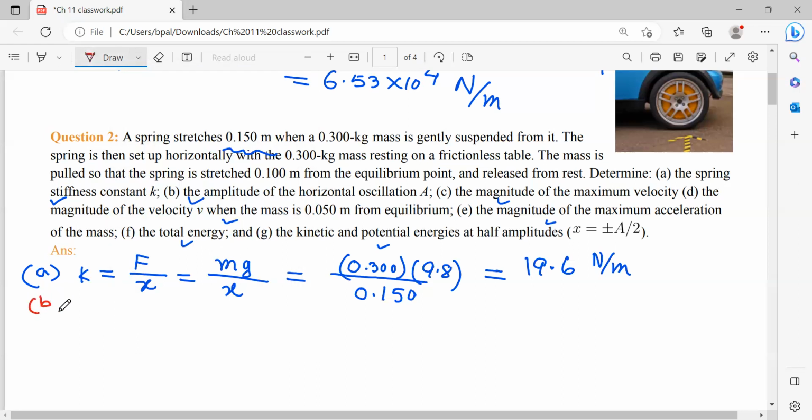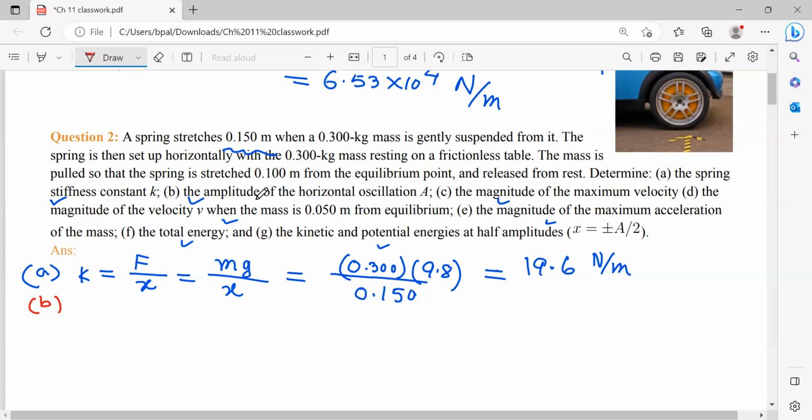B is also easy. You first determine the spring constant, and now the spring mass system is on a horizontal table, and you stretch the spring 0.10 meter from the equilibrium point. That already gives you the information to determine the amplitude.